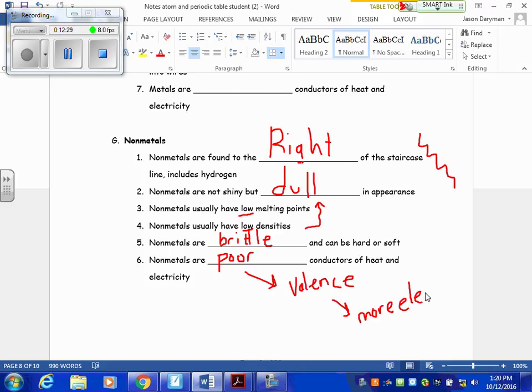I'm just going to abbreviate there for time. So the valence shells in nonmetals have more electrons than metals, and therefore those electrons are not as easily transferred out of the atom. Pause me now if you need to slow down and catch up.